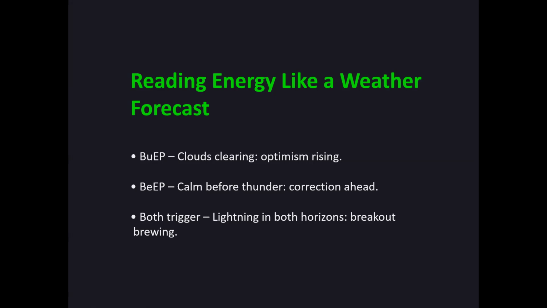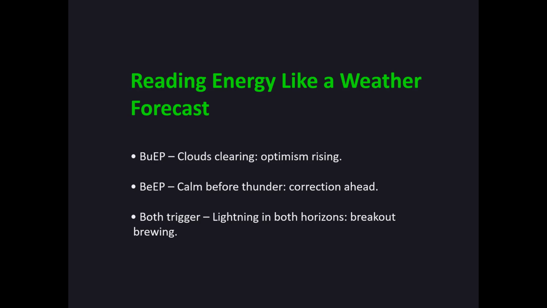It was like clouds clearing and optimism rising, and even the trading channels were forecasting the market would go to 30,000, 37,000. So many forecasts were coming in the market.